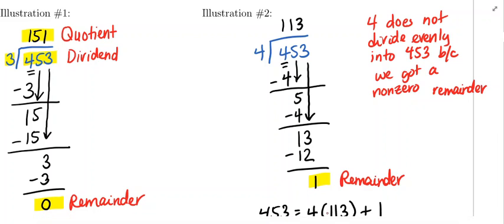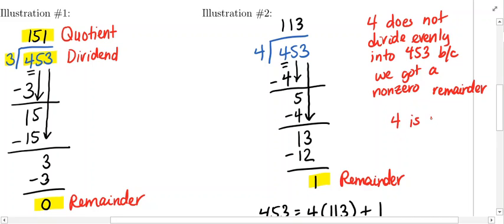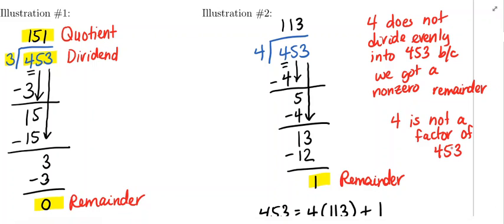So 4 does not divide evenly into 453. So another conclusion we can make is 4 is not a factor of 453, meaning you cannot write 453 as 4 times something. It's not going to work.